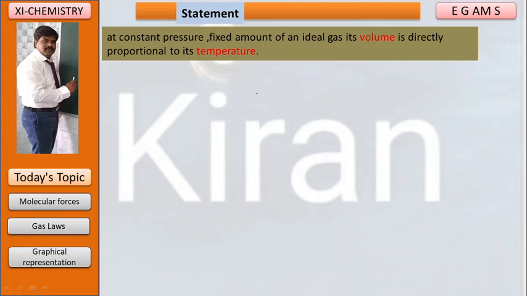Absolute zero or absolute temperature means a temperature at which the volume becomes zero is known as absolute zero.